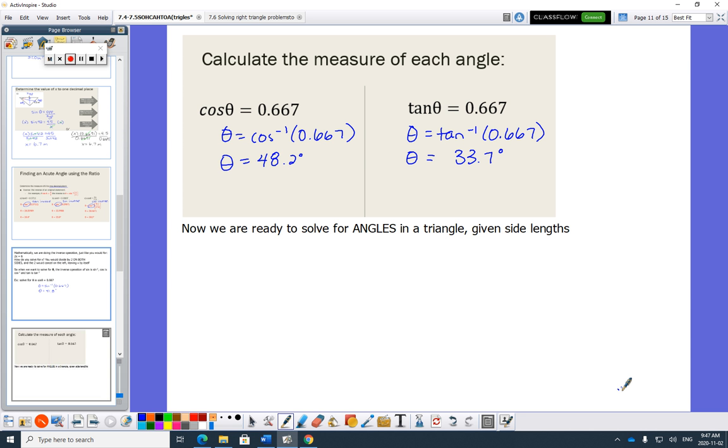Choosing the appropriate ratio is also important.